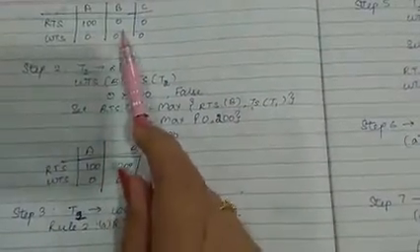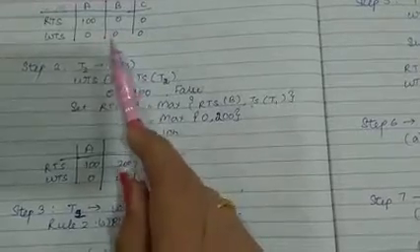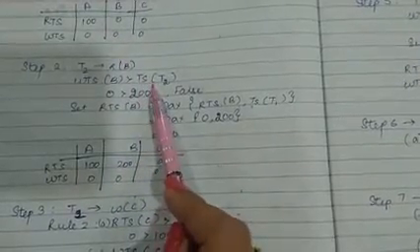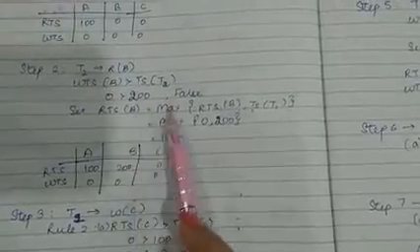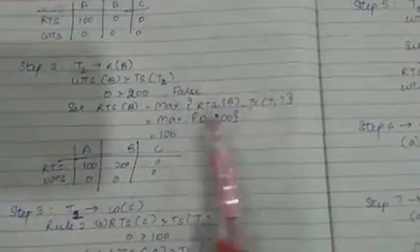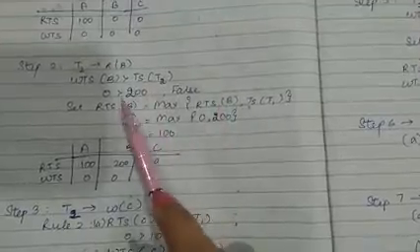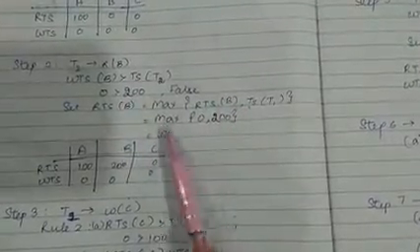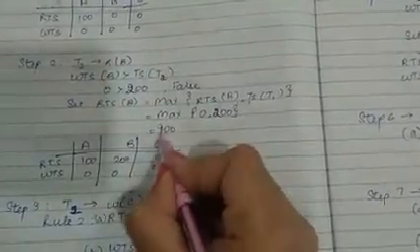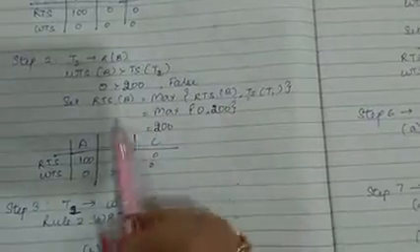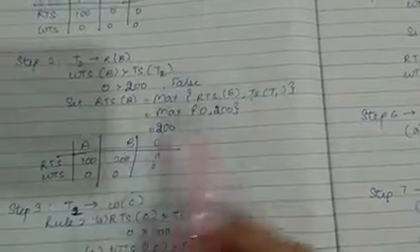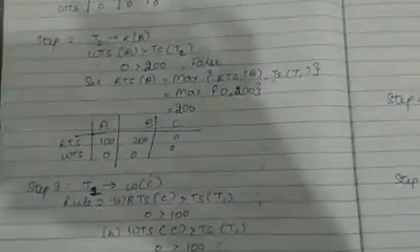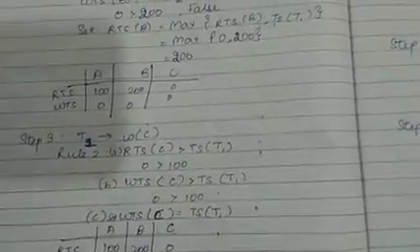What is the value of WTS(B)? It is 0. Is 0 greater than 200? No, this is false. Then set RTS(B) equal to the maximum of RTS(B) and TS(T2). RTS(B) is 0 and this is 200. The greatest value is 200, so I am simply going to replace this RTS value with 200. This will get updated.